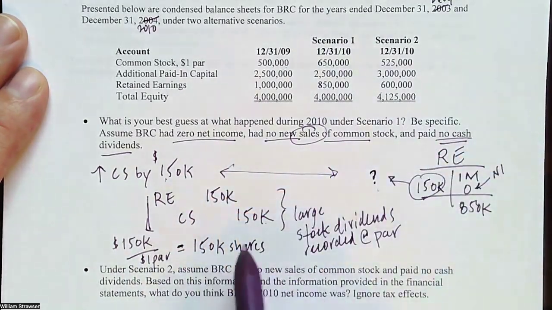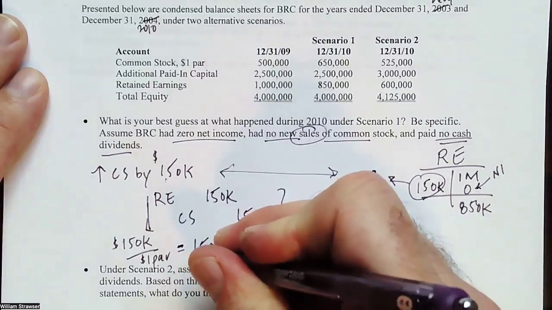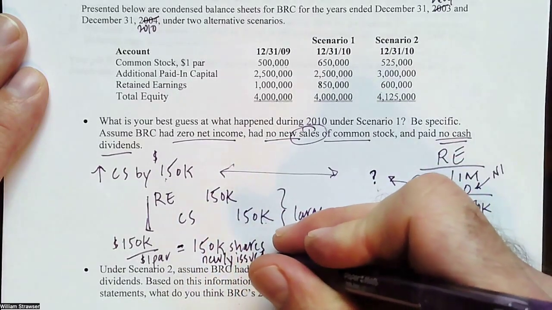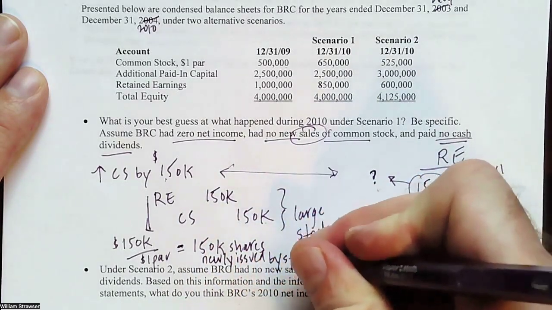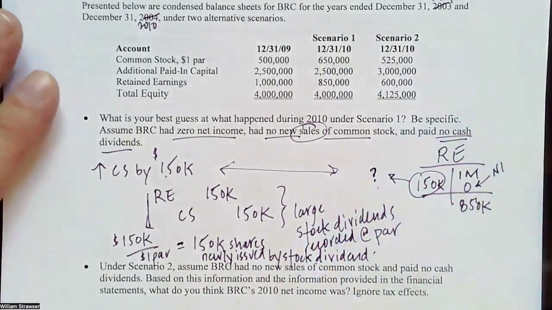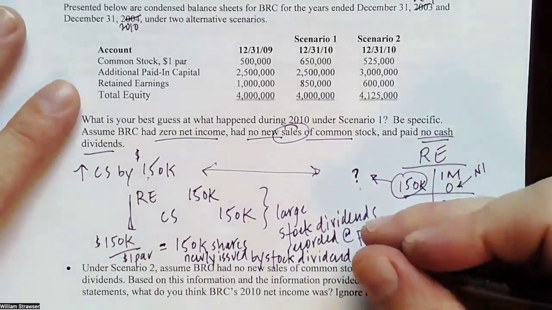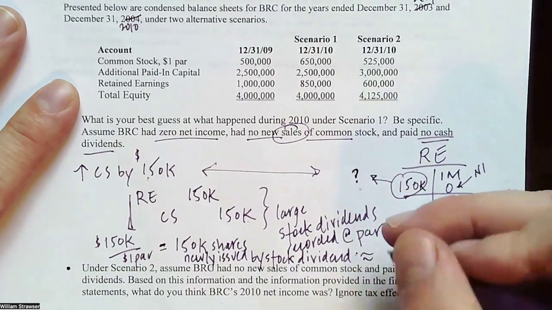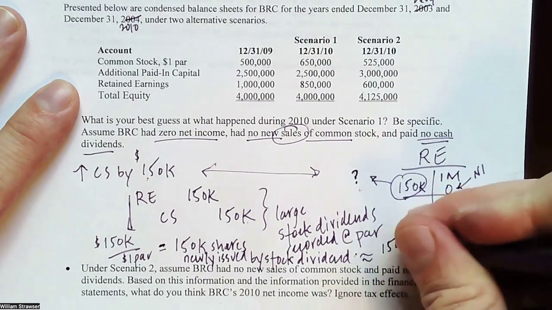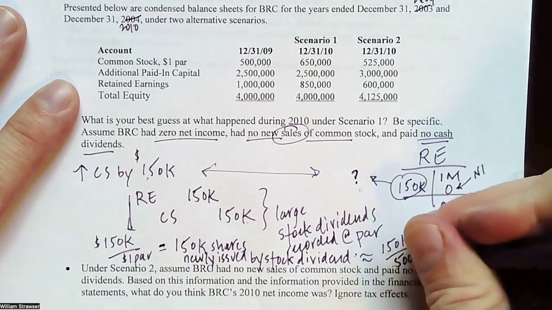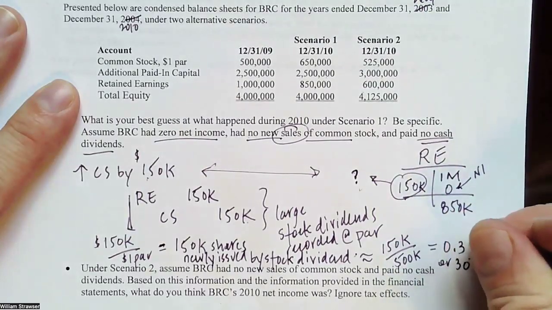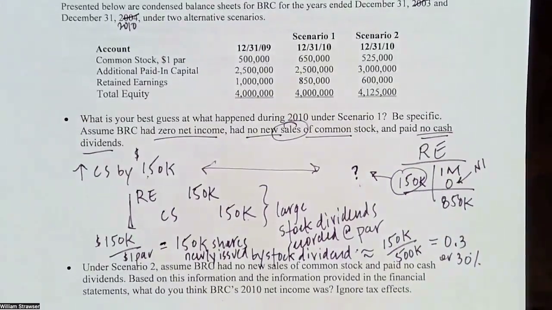And these are the newly issued shares through dividend. Notice it said cash dividends. It didn't say anything about stock dividends, right? And that would be exactly a 30% stock dividend. If I have 150K shares going out, I had 500K shares, then that gives me 0.3 or 30%. So that's the first scenario.